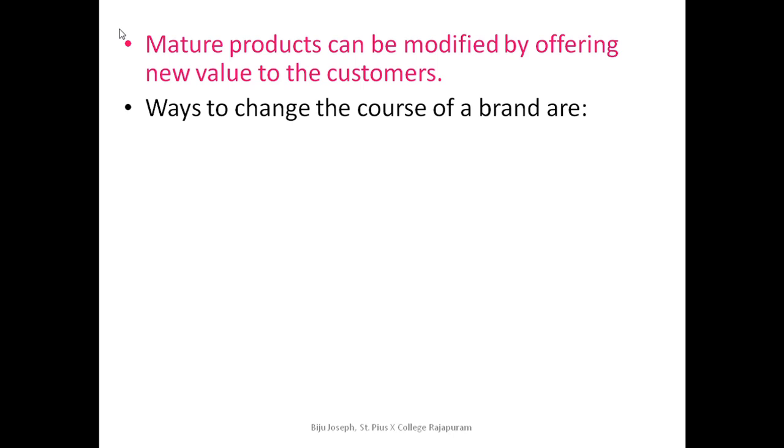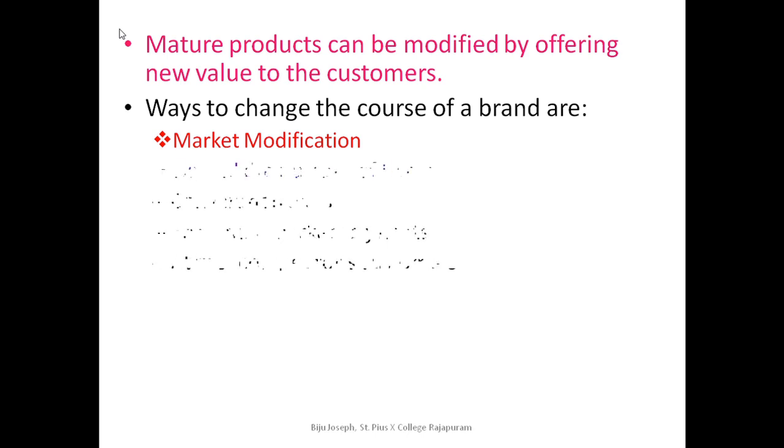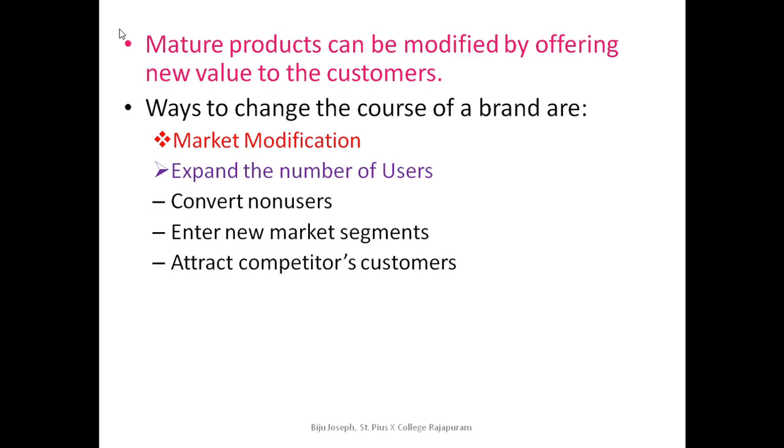And the ways to change the course of a brand are given below. The first one is market modification. How you can modify the value to the customers. In market modification, the marketers try to expand the number of users.